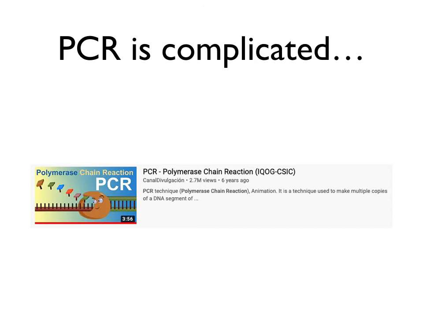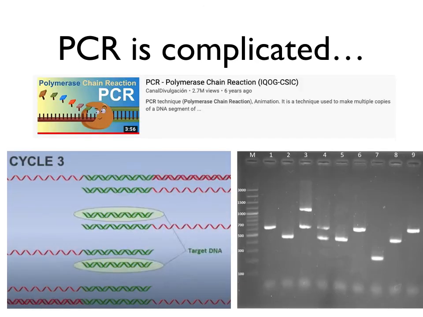I would recommend Googling PCR explained or searching for a PCR video on YouTube. This one that I've screenshot here has the worst soundtrack possible, but it's a very simple to follow illustration of the principle of PCR. And one thing I want you to pay attention to is the target DNA.